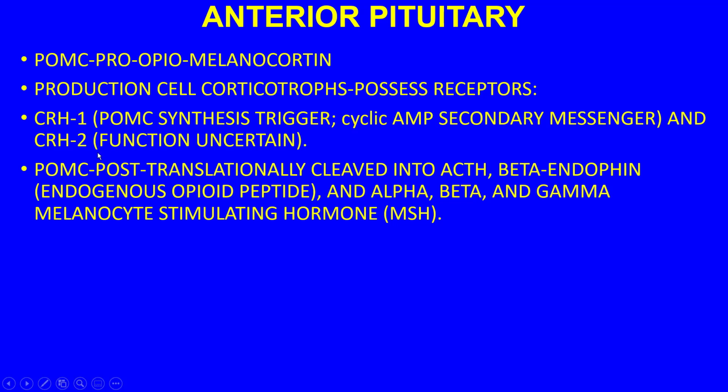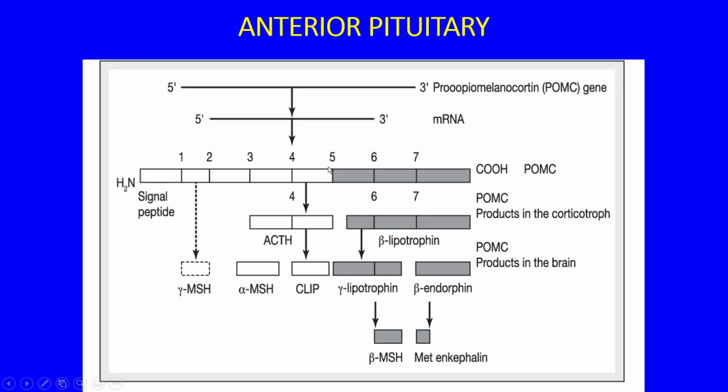POMC is post-translationally cleaved into ACTH, beta endorphin, which is an endogenous opiate peptide, and alpha, beta, and gamma melanocyte stimulating hormone. Okay? Now, if you look at this, here's the big POMC gene.